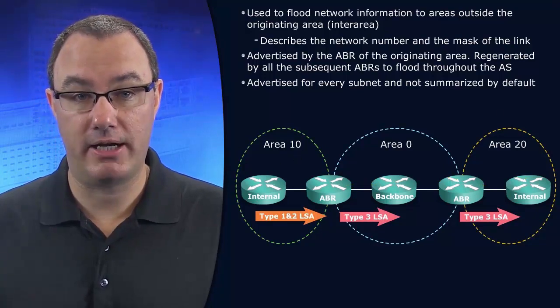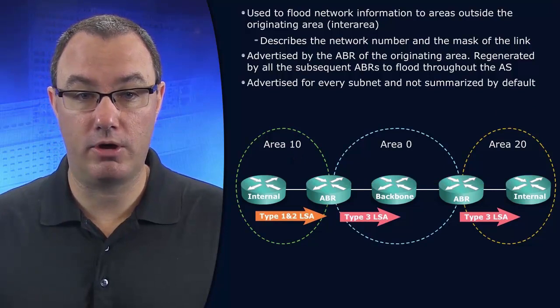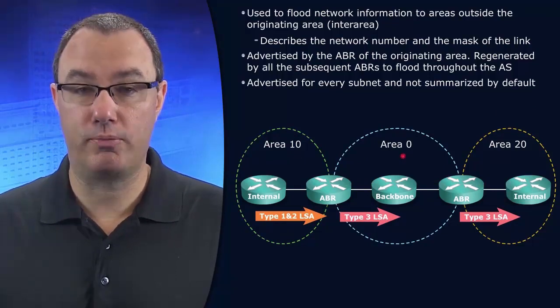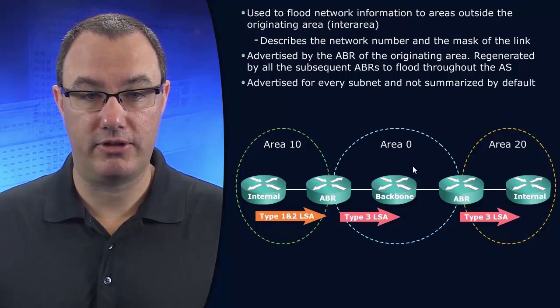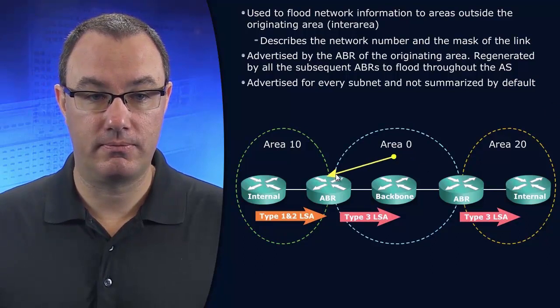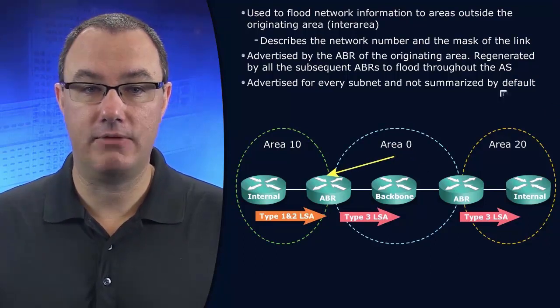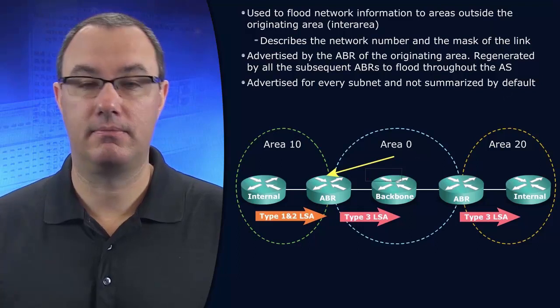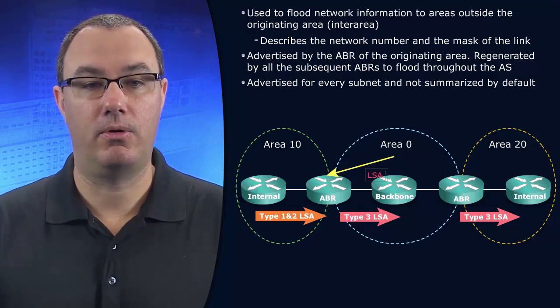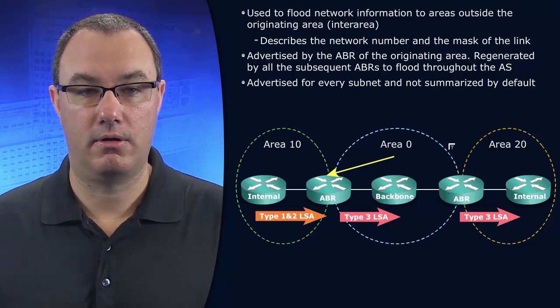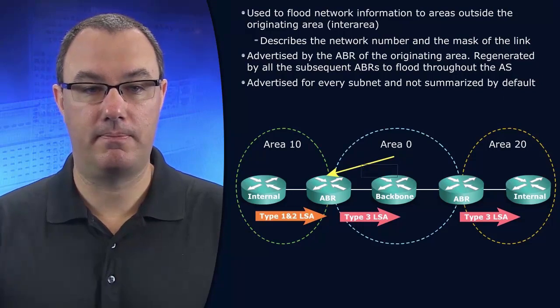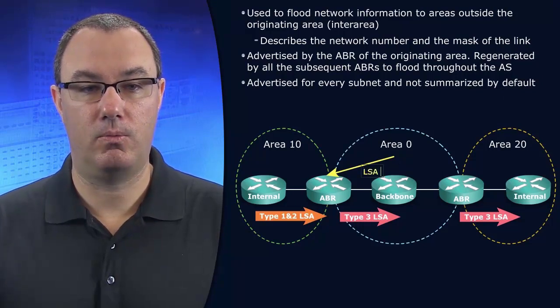And, by the way, Area 0 would also have the same sort of process. So if we were to say, here are all the routes from Area 0, that information would also be LSA type 1 and 2.